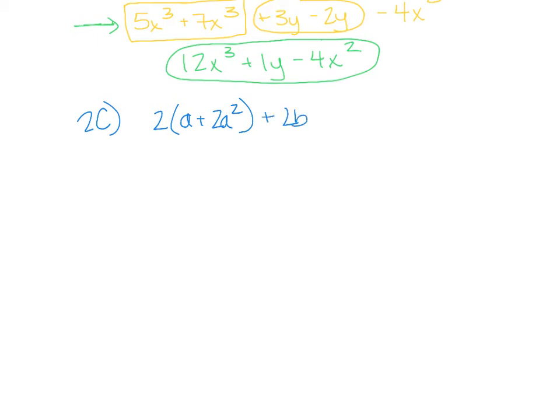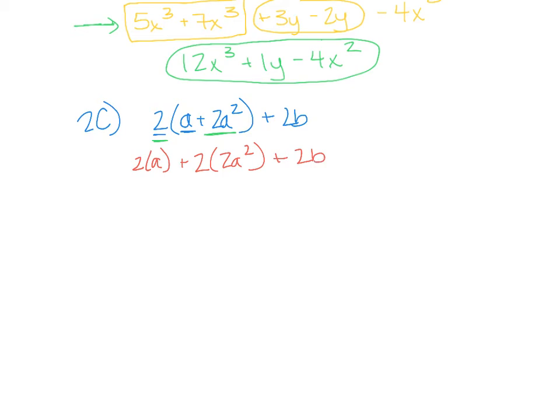Okay, with distributive property, you are multiplying this outside term by each inside term. So I'm going to multiply the 2 by the a, and then I'm going to multiply the 2 by the a squared. So what that looks like is I have 2 times a, bring down my plus sign, 2 times 2a squared plus 2b.